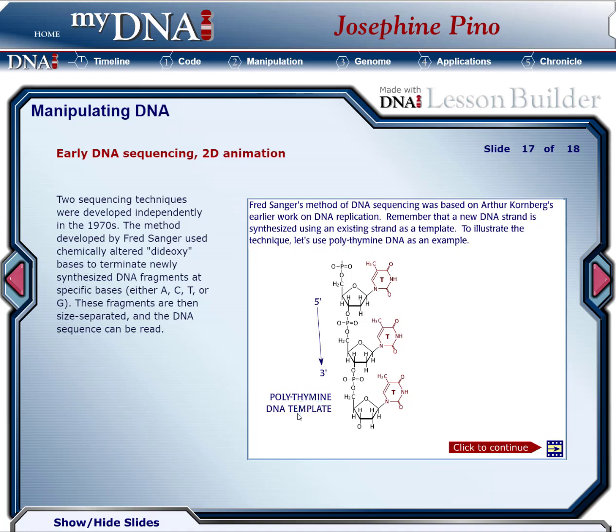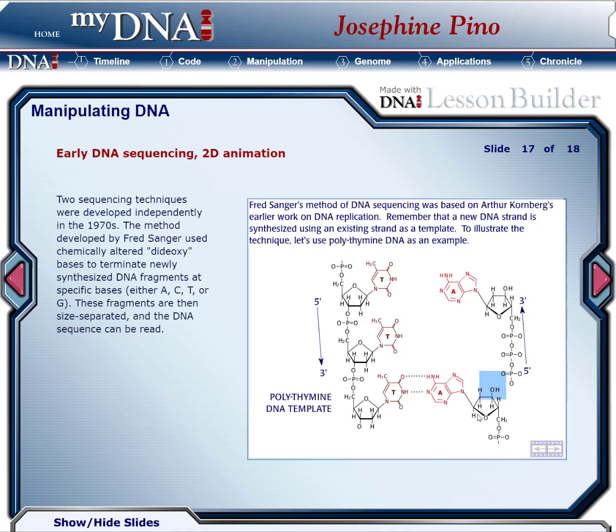This polythymine DNA template goes from 5' to 3'. And that's what we see here. So we have the 3' end, that's where nucleotides are being added.